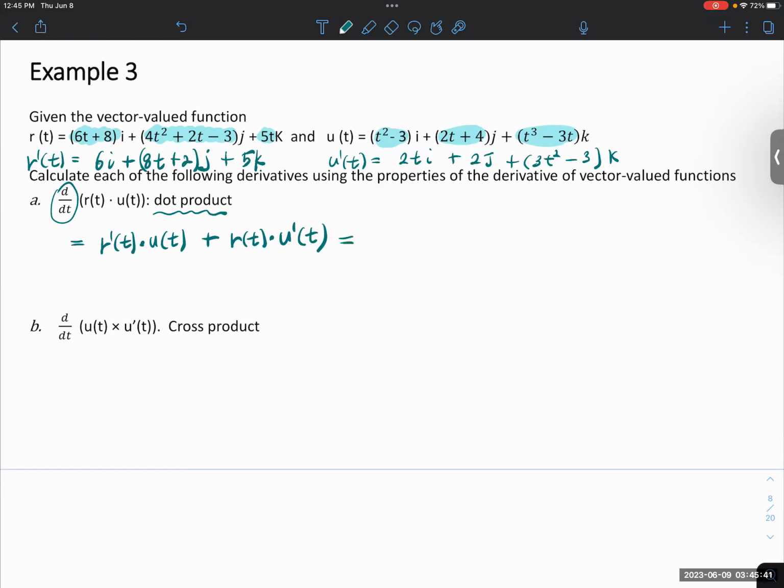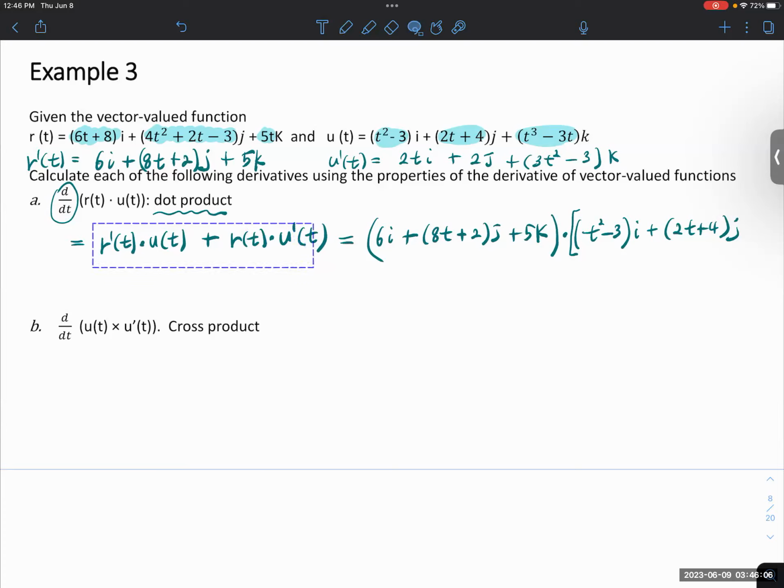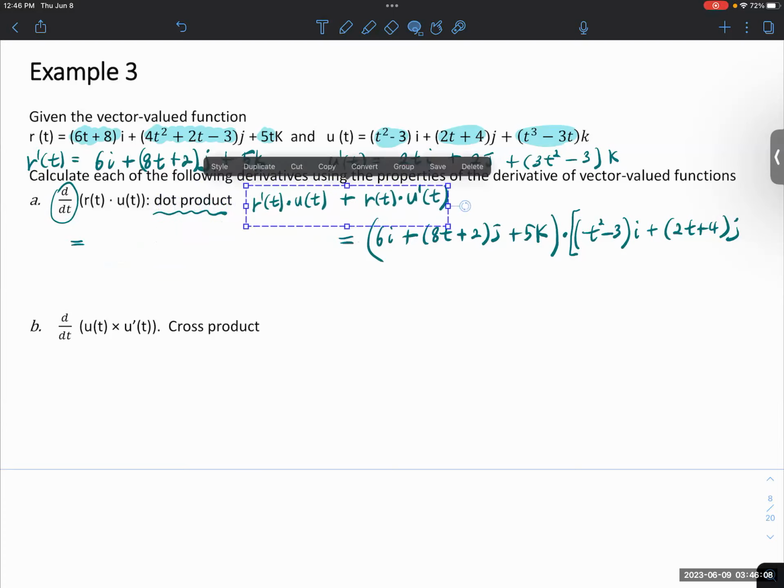For r prime, we just got 6i plus 8t j plus 5k, dot what? u, which is a little bit long: t squared minus 3 i, 2t plus 4 j. I need a space. I'm going to bring this one here.